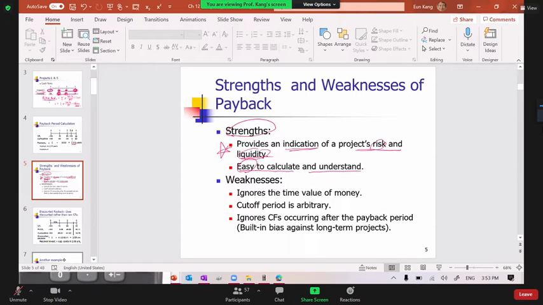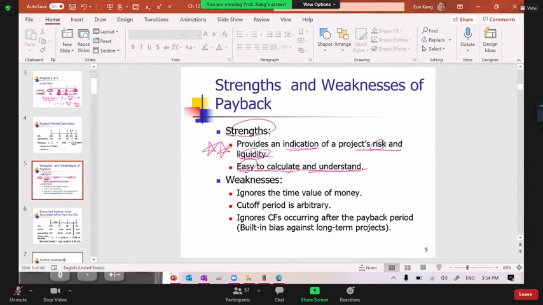The most difficult one, like IRR, is now just a matter of seconds, maybe even faster than this one, right? So this one is less attractive these days, but it is still very important. So it gives you the risk and liquidity of the project.